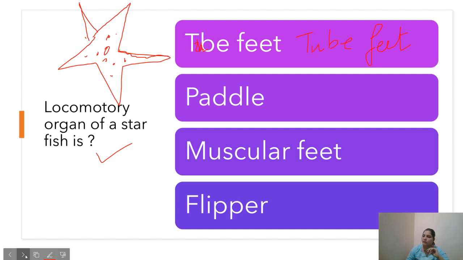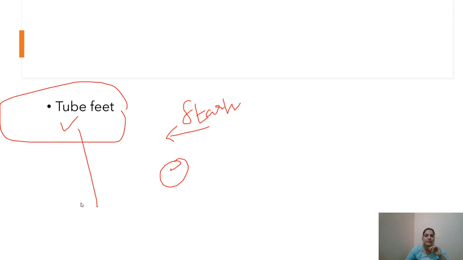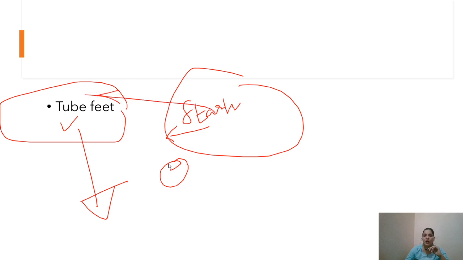Let me tell you the answer. The option will be tube feet. Starfish use tube feet as their locomotory organ, so they move from one place to another with the help of tube feet. Tube feet also have other functions: they help in locomotion, which is movement from one place to another, and also in excretion and respiration.